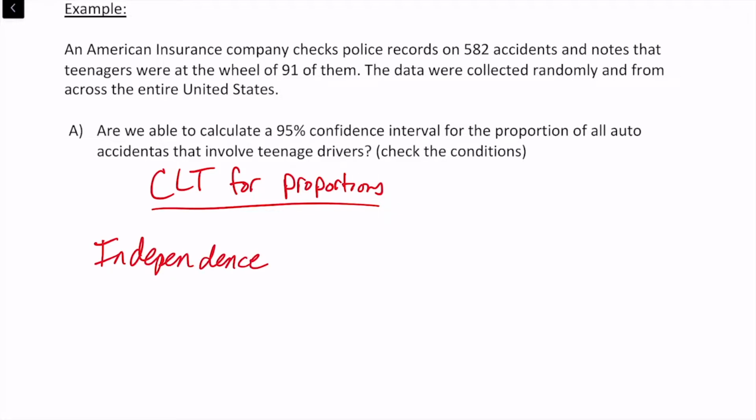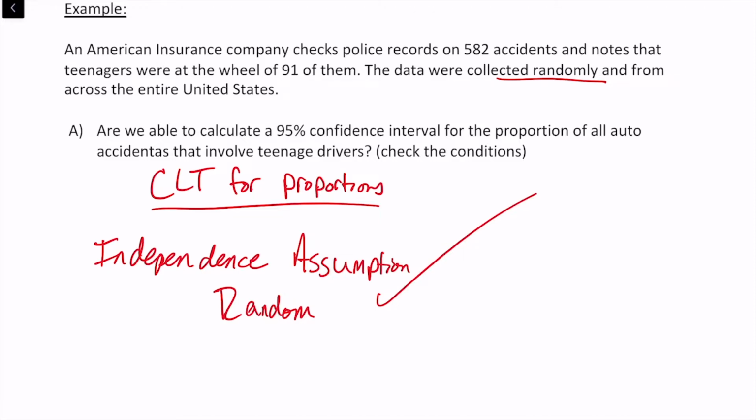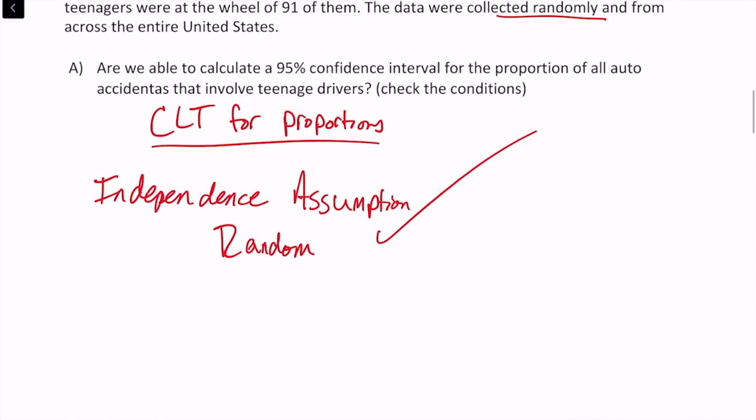Do we have independent data values? Well, remember the way that we can check that is via randomization. They tell us that the data was collected randomly. So because we have a simple random sample here, we can say the independence assumption is satisfied.